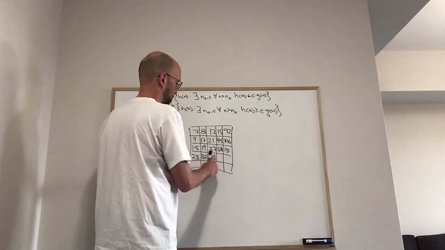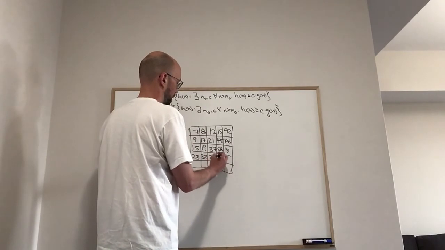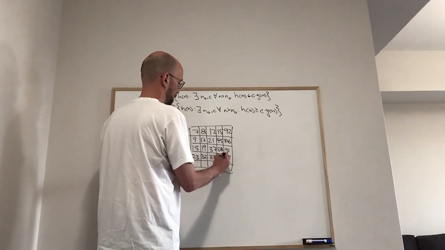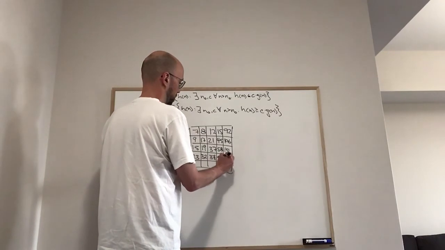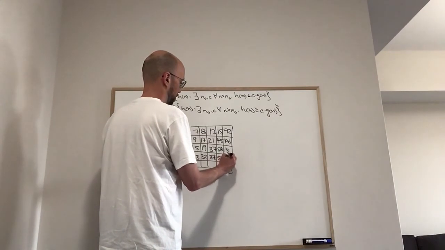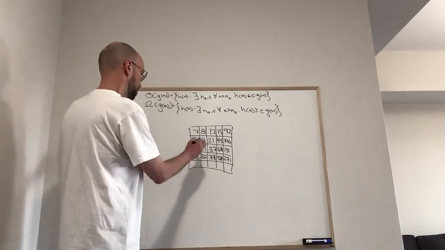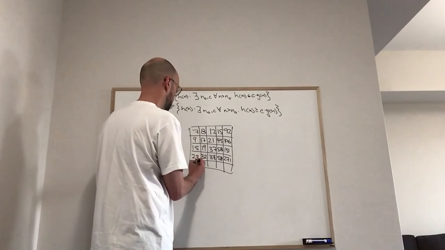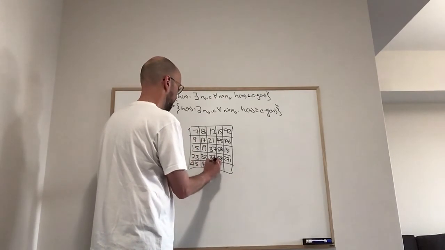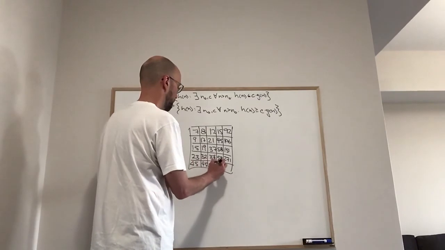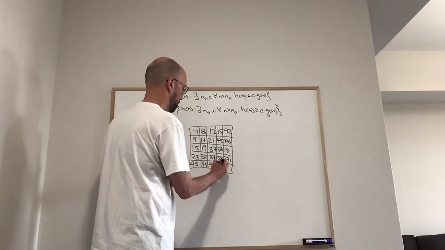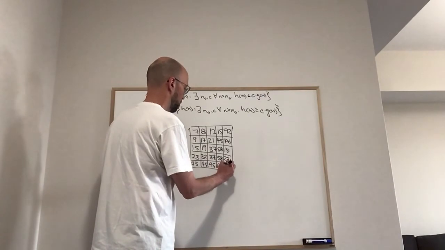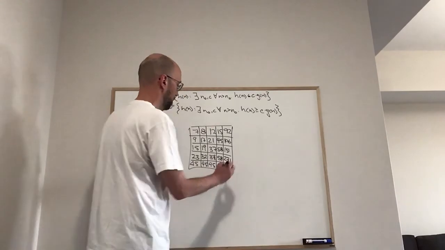No, that can't be 32, this has to be 37, and let's say that this is 58, and this is 271. Let's say that this is 45, and 45, and 45, and 69, and 285.